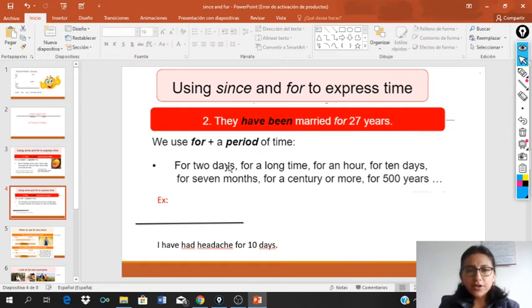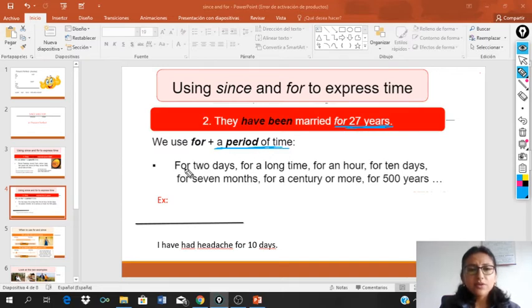We use for a period of time. For example, in this case, they have been married for 27 years. Okay? During these 27 years, they have been married. We use for a period of time.